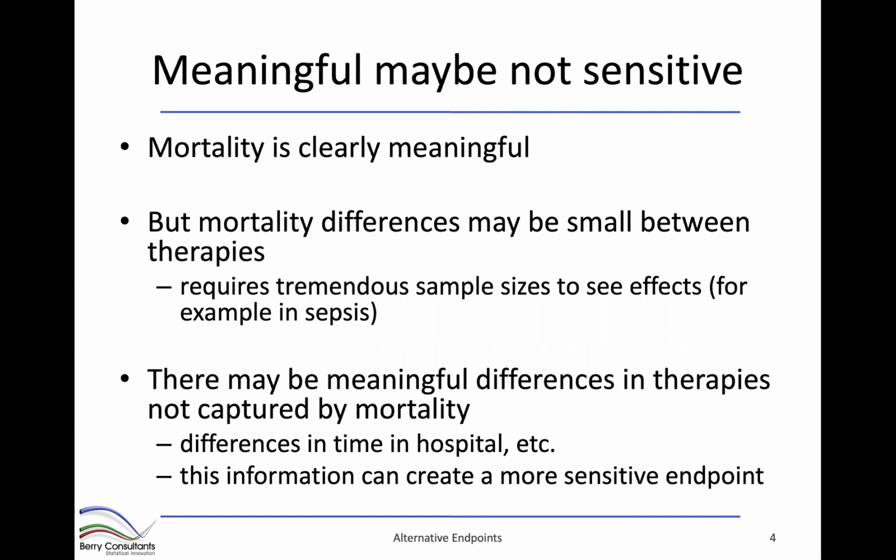There often is a lot of meaning in therapies that is not captured by mortality. For example, if there were differences in the time in hospital or the time on a ventilator, as opposed to just differences in mortality, those may also be meaningful endpoints, certainly feels or functions aspects of the endpoint. So as we go forward, what we're really aiming for is finding meaningful endpoints, but we want to capture all the information.